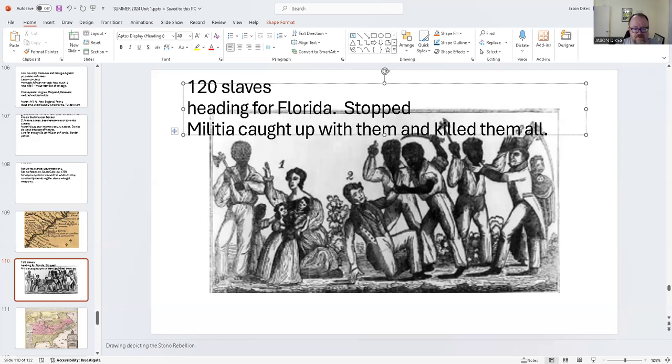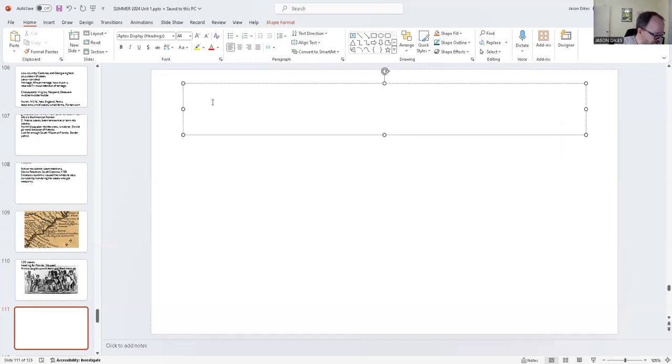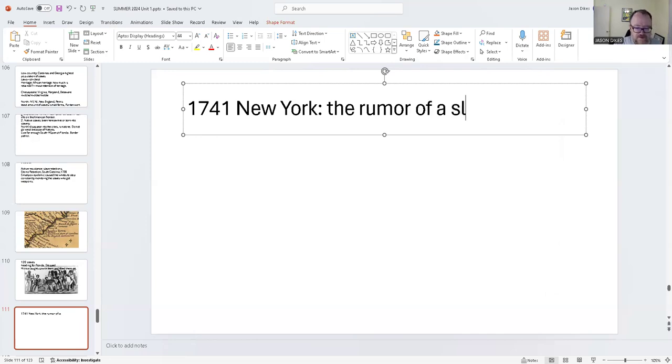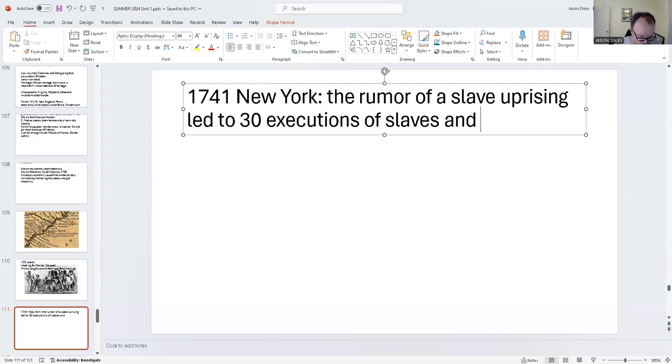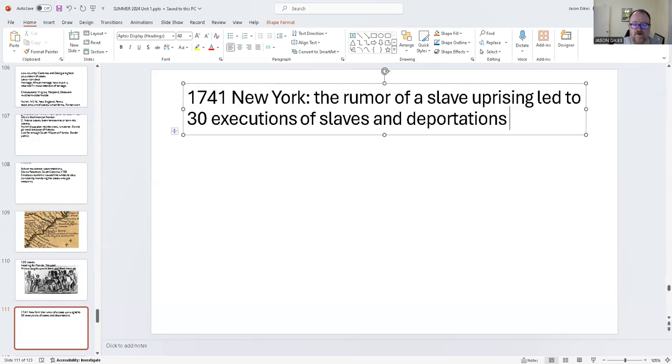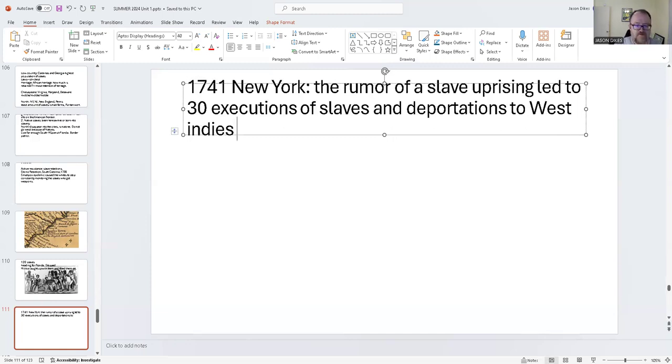Now, lest you think this is just a Southern thing, less than 10 years later, 2 years later, in New York, the rumor of a slave uprising, just the rumor, no actions, just the rumor, led to 30 executions of slaves and deportations to the West Indies for others.